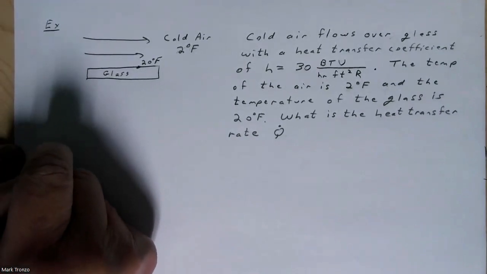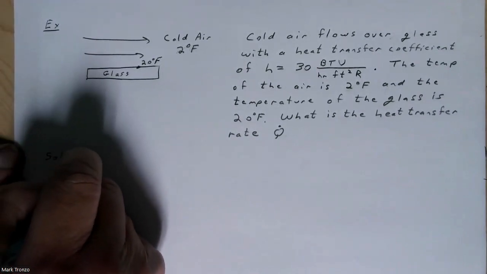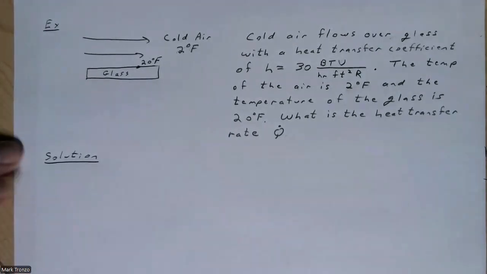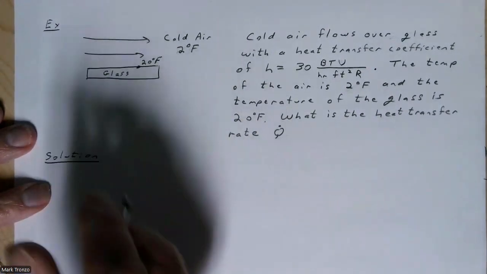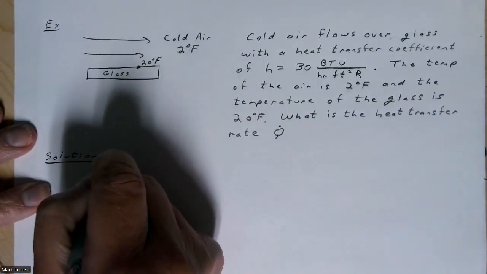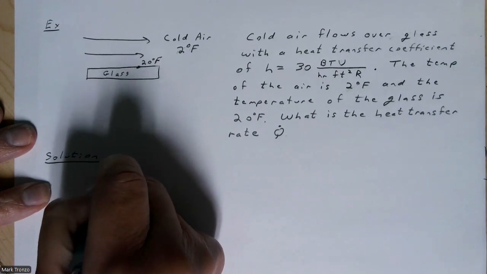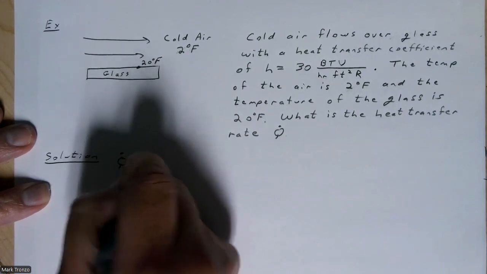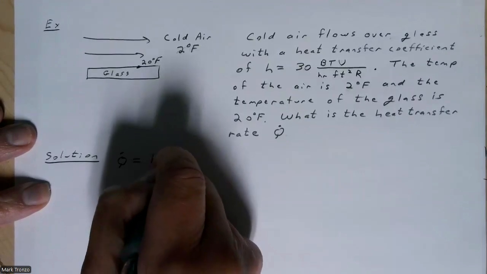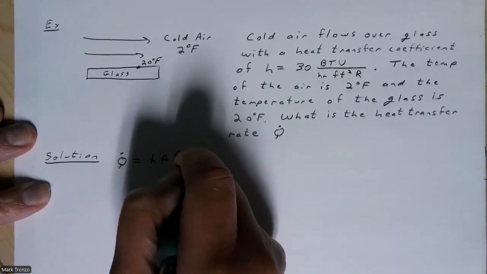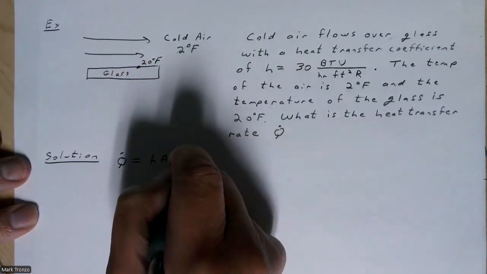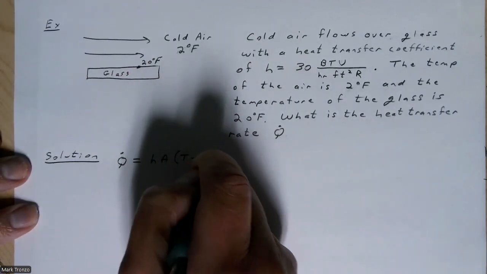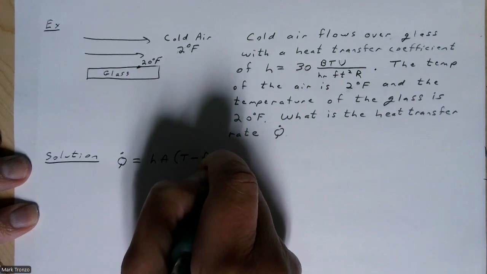Now, we're not given the surface area, so we're going to have to calculate this per square foot of surface area. So what we'll do when we have our normal equations, again, our equation is going to be hA, and since we only have two temperatures, I'm just going to call it T minus TF.